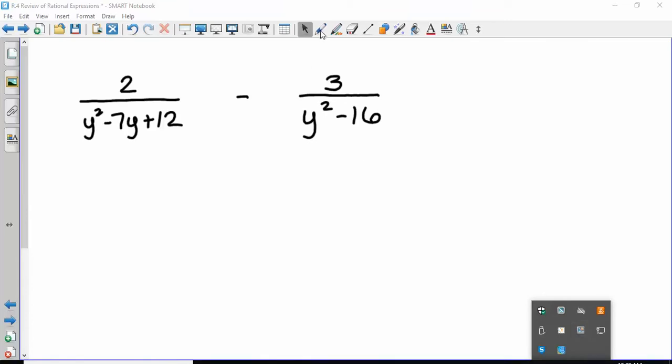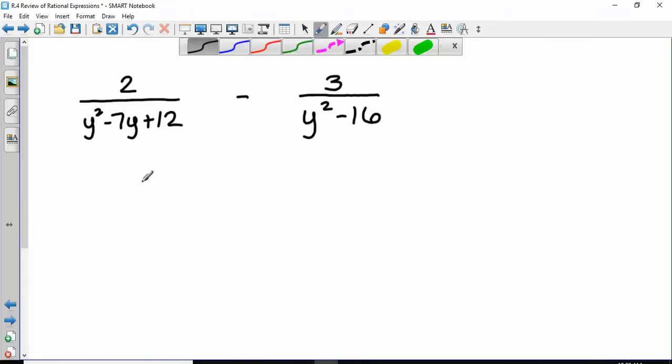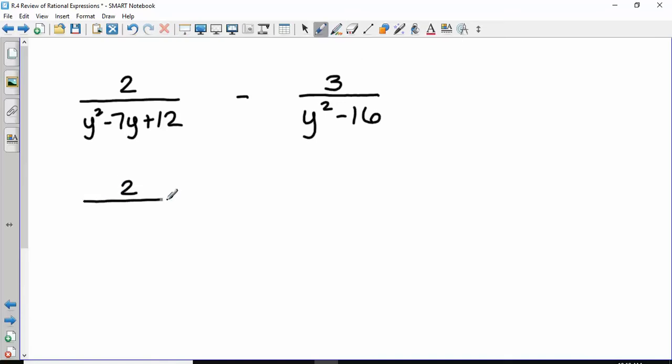On the right track. It looked like everybody was doing the first step. You all started out factoring, which is good. Y squared minus 7y plus 12, that's box method. Multiply to positive 12 and add to negative 7. Okay.